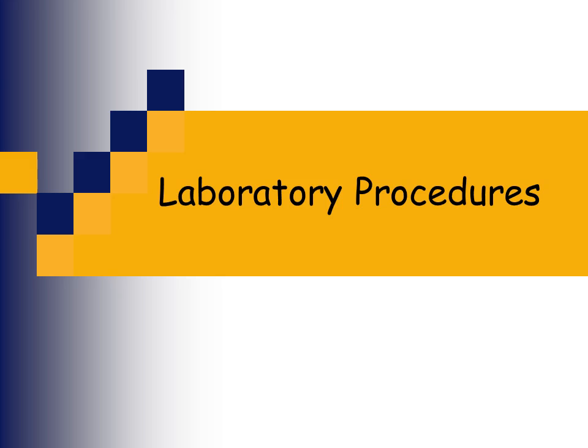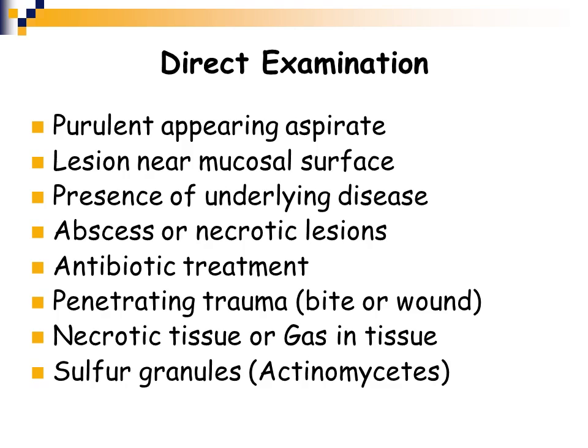We're going to talk about some of the laboratory procedures that are used for anaerobes. Like some of our other organisms where we've discussed doing a direct examination, you can do a direct examination on some of your specimens to look for anaerobes.